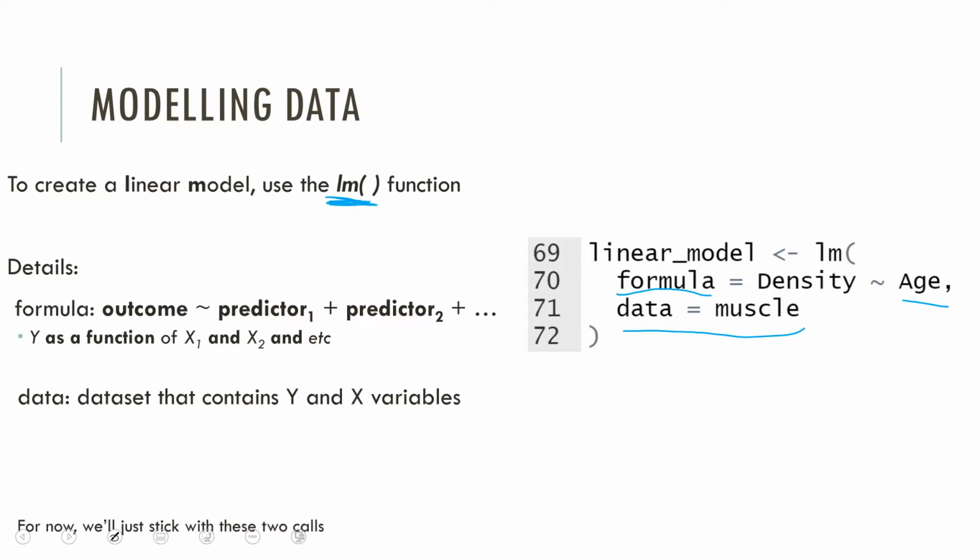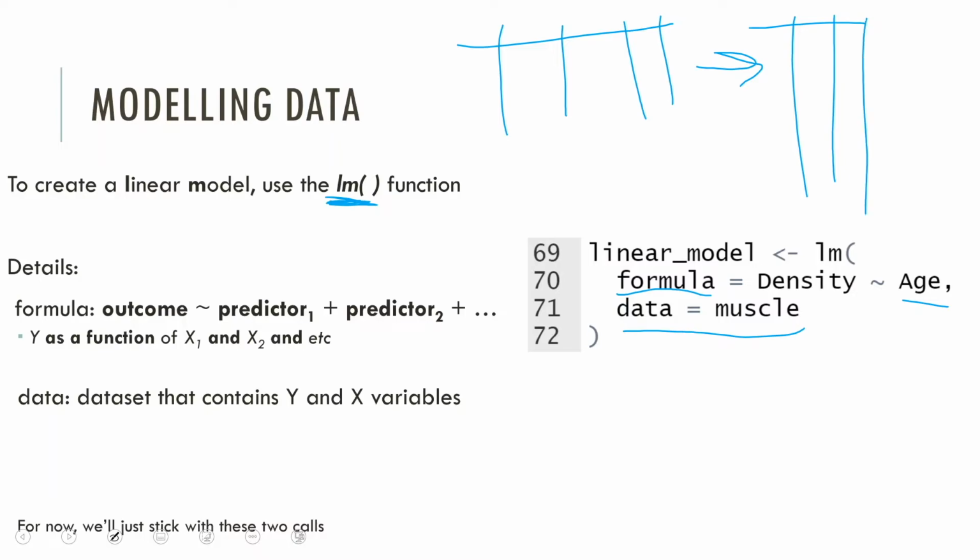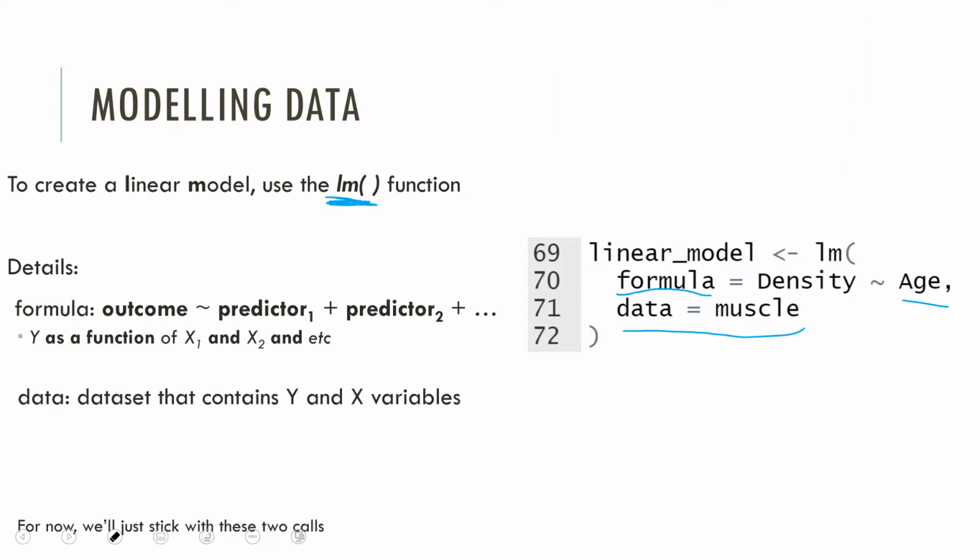With this, just a quick note, unlike ANOVA, where we had to turn things from a wide format to a long format, we can just leave things as they are, which is very helpful, right? So typically, in your data, let's say that you have 2 columns.